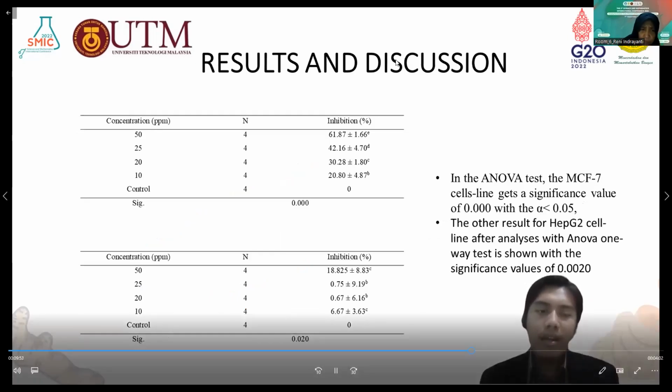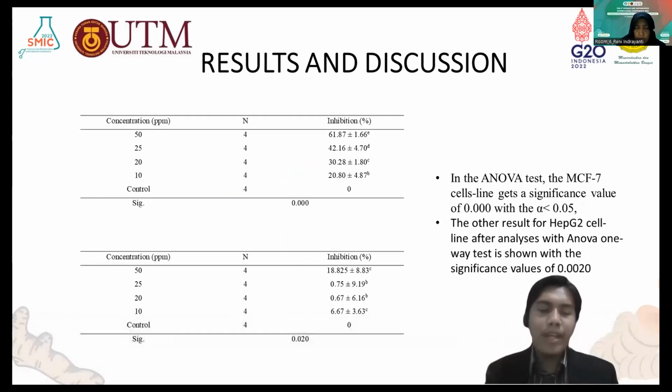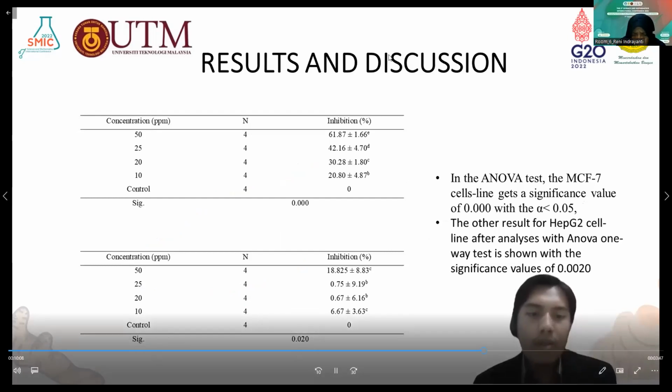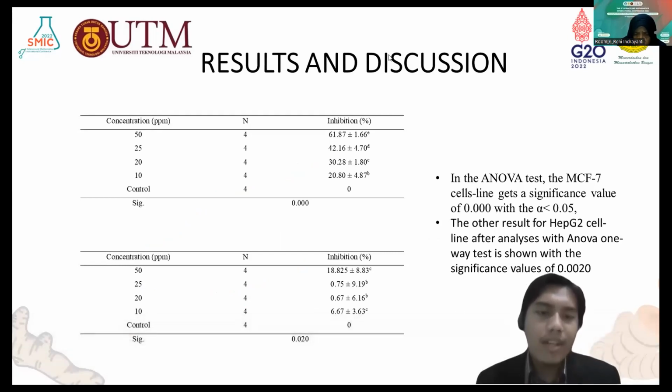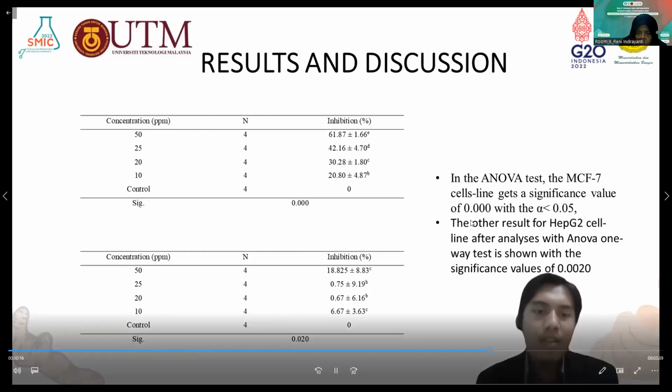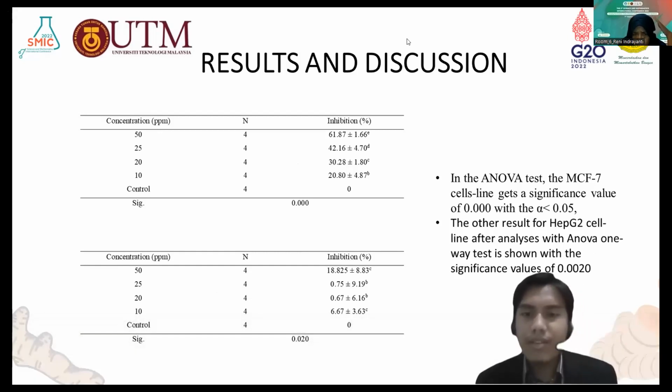For the ANOVA test, we know that the white turmeric has a significant effect on both of the cancer cells. For example, for the MCF7, it has a significance value of 0 with alpha less than 0.05, and for HepG2 cells, it's also significant, with a value of 0.002 with alpha 0.05.